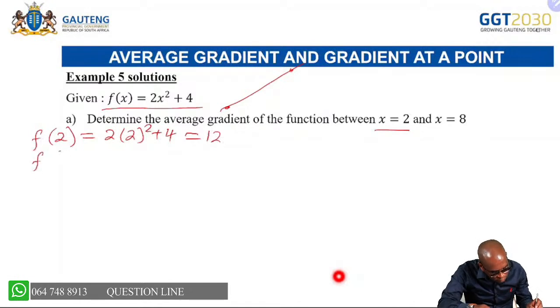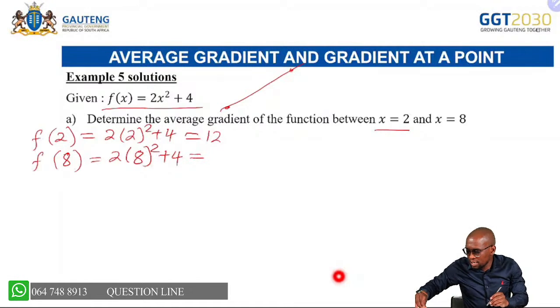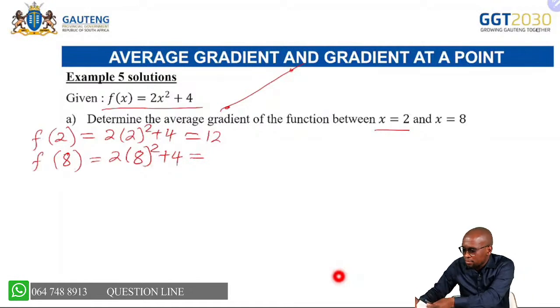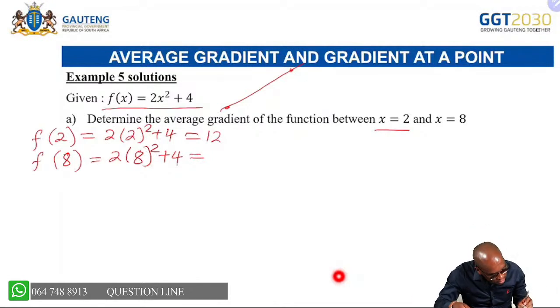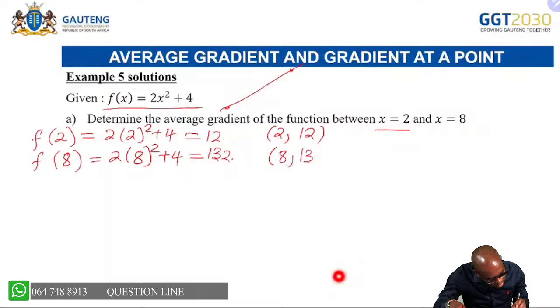And we can also have f of 8, 2 into 8 squared plus 4. If we check that on our calculator, you can see that this gives us 132, which means that when x is 2, y is 12, and also when x is 8, y is 132.